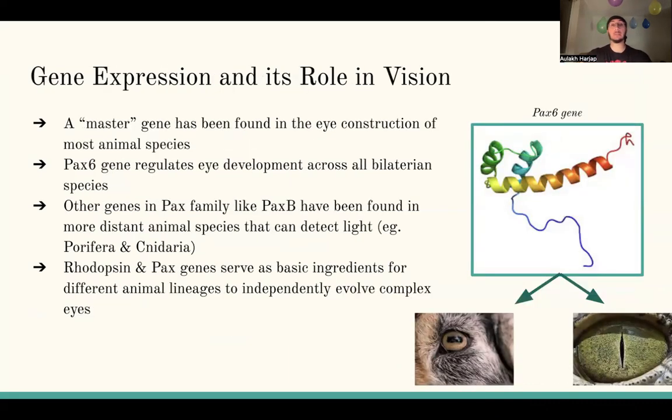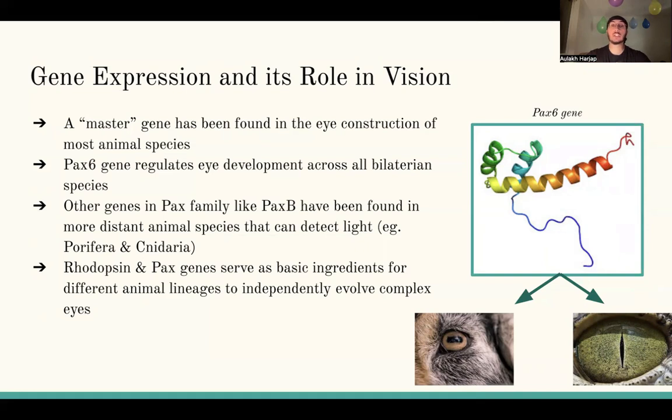In addition to rhodopsin, a so-called master gene has been found to be involved in the eye construction of several species, from arthropods like Drosophila to vertebrates like us. The PAX6 gene acts as a master regulator in eye development across diverse metazoan species, and the predecessors of the PAX gene family, like PAX-B, can also be found in poriferans and cnidarians that are able to detect light.